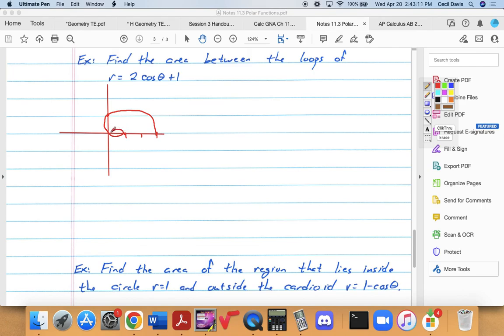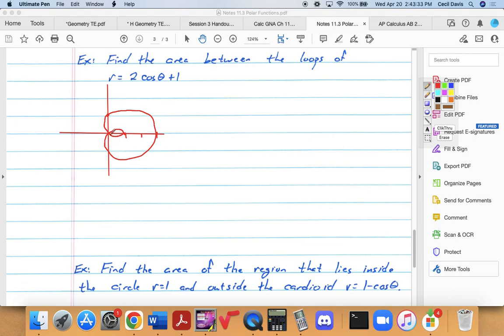And then the rest of it is like that. So if we're going to find the area in between the loops, we need to know when the loop starts. Well, when is this loop going to start?